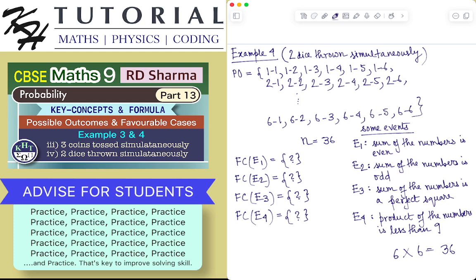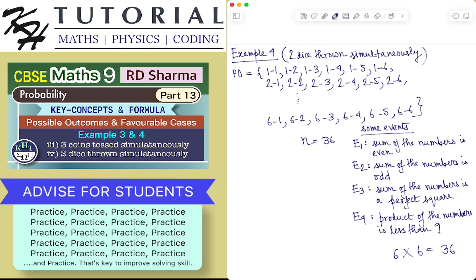Now I have defined some events. Event E1 is that the sum of the numbers is even, where by sum of the numbers I mean the numbers showing up on the top face of the 2 dice. Out of these 36, what are the possible outcomes that are favorable to the event E1, that is, the sum of the numbers is even?